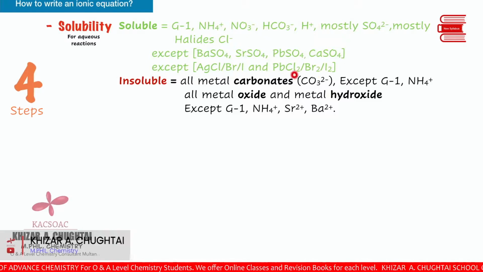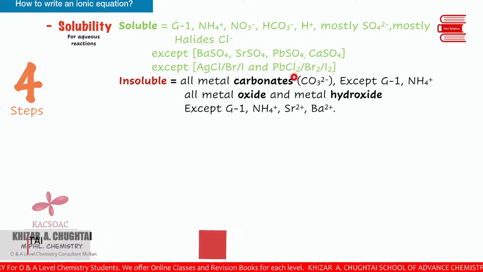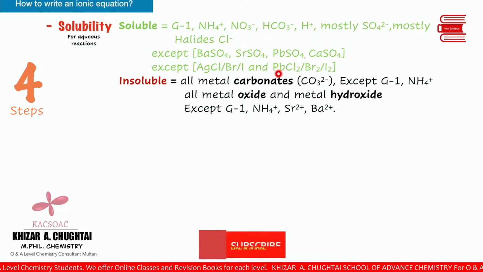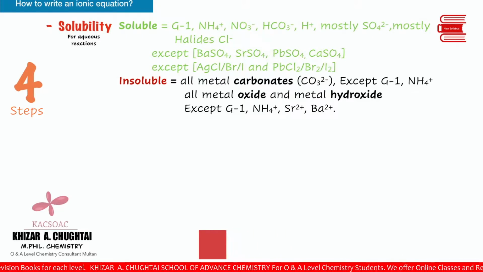If halide ions are present with lead 2 positive ion, PbCl2 is insoluble, PbBr2 is insoluble, PbI2 is also insoluble. So there are these two basic exceptions for sulfate and for chloride.